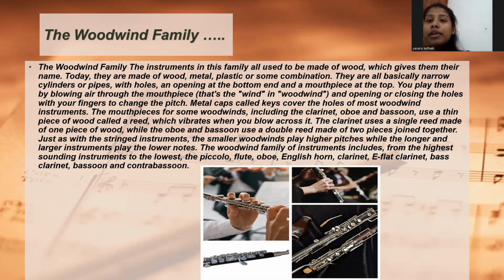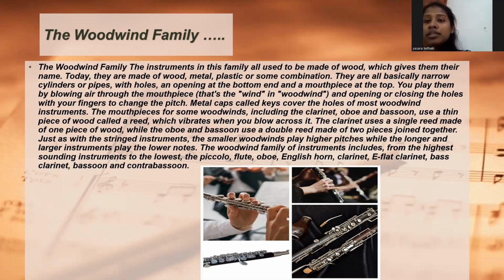You play them by blowing air through the mouthpiece, that's the wind in woodwind, and opening or closing the holes with your fingers to change the pitch. Metal caps called keys cover the holes of most woodwind instruments.